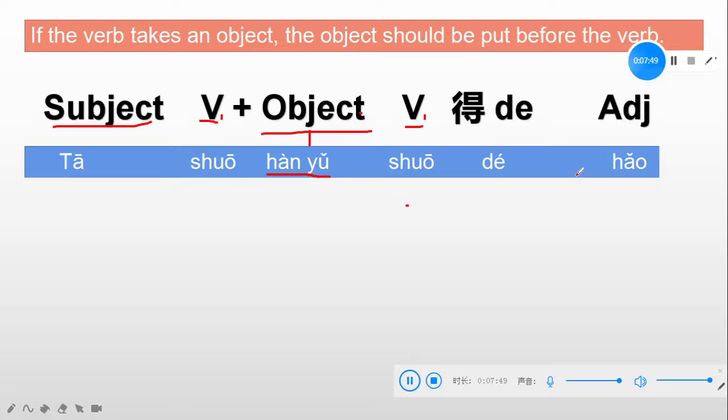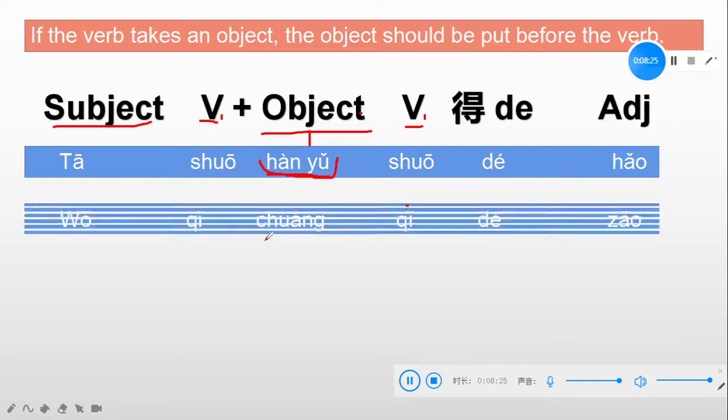Do we translate it like this? No, because the verbs are the same. So we can just say he speaks Chinese well. That's all. The only difference from the previous sentence is that there's something more, which is the object. So we just add the object in this sentence pattern. 他说汉语说得好。In English, he speaks Chinese well. That's it.